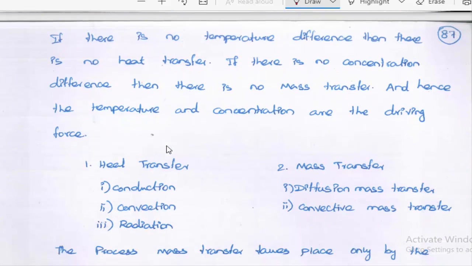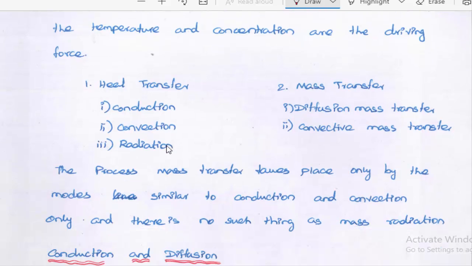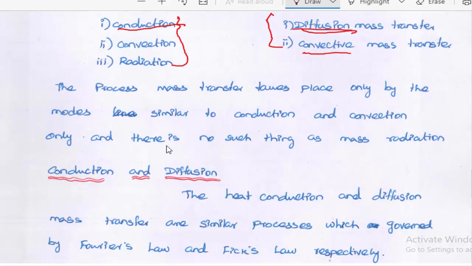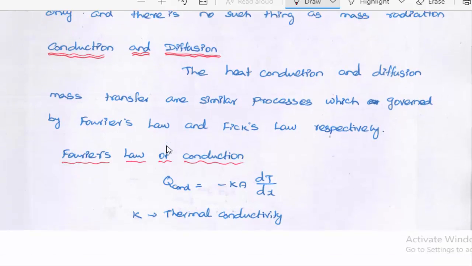That is one similarity. The second is that heat transfer takes place by three modes: conduction, convection, radiation. Similarly, mass transfer happens by two modes: one is diffusion mass transfer, the second is convective mass transfer. You can compare conduction and diffusion; these are similar phenomena.